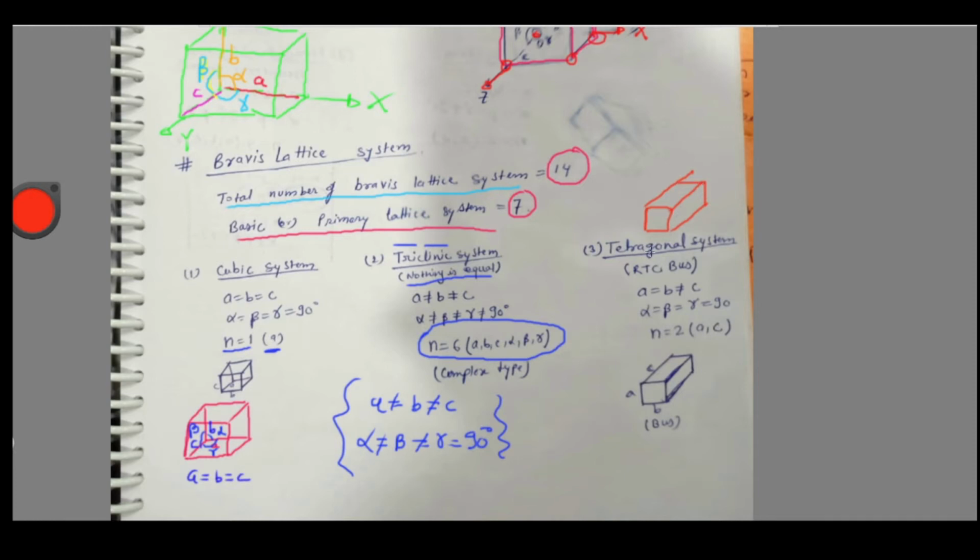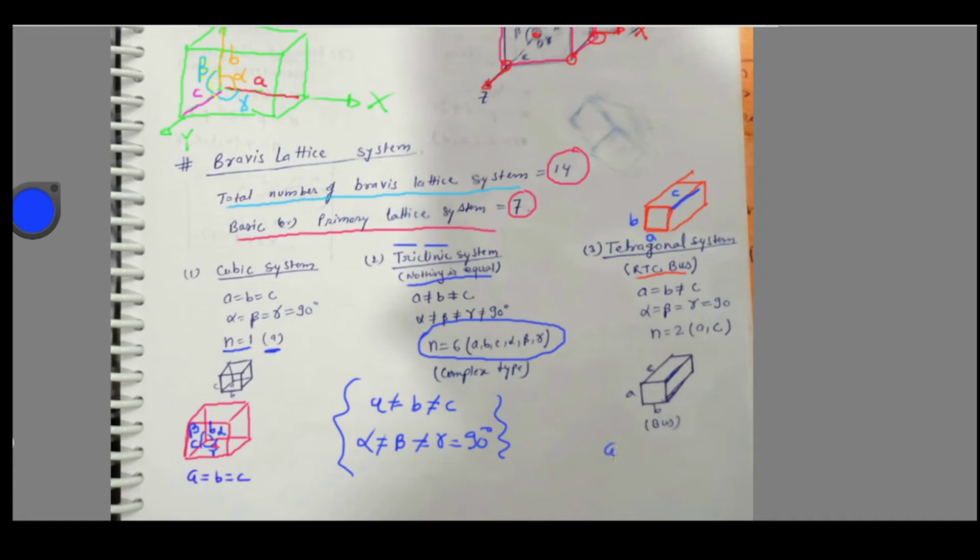Okay, so this is the tetragonal structure, or rectangular bus. In the bus, these two sides are equal, means a and b are equal. The front face sides are equal, like here this is b, this is a, a and b are equal, but c is not equal. This is c, so c is not equal.